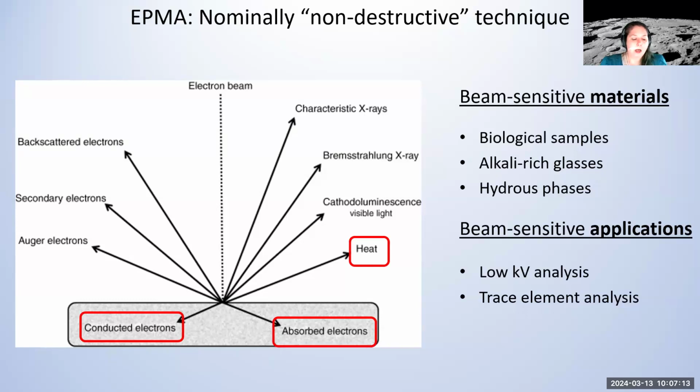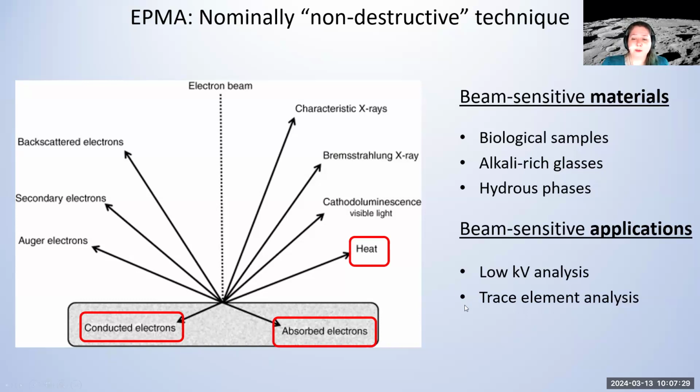And so there have been many reports that materials that are fine to analyze at 15 kV can then show beam-sensitive behavior if you analyze them at 7 kV or 5 kV.